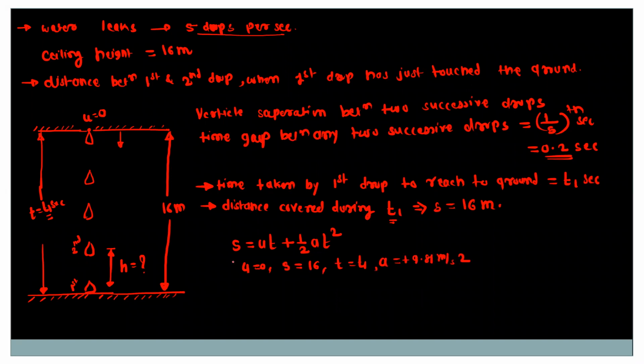Okay, so put these values in this equation. 16 is equal to ut, which is 0, plus half 9.81 into t1 square. If you solve this, you will get the value of t1.